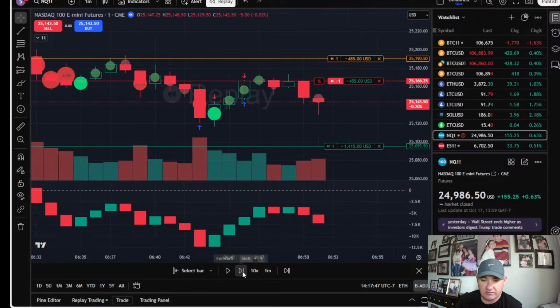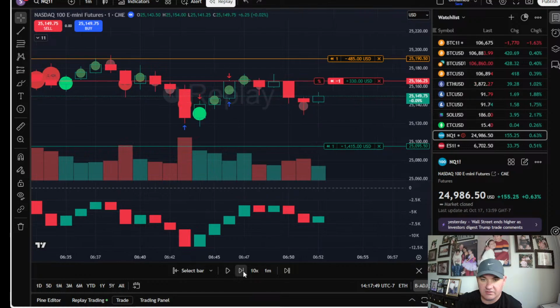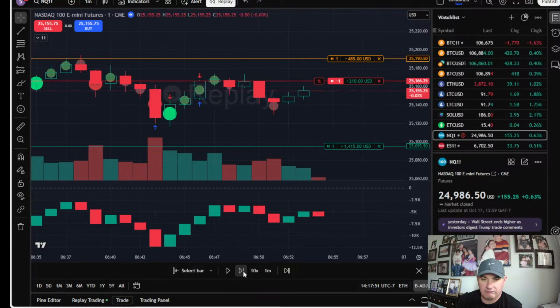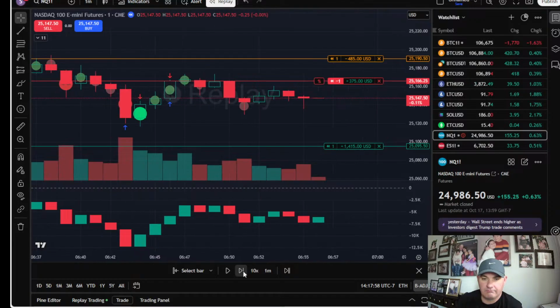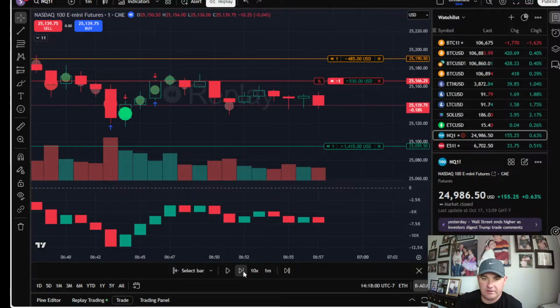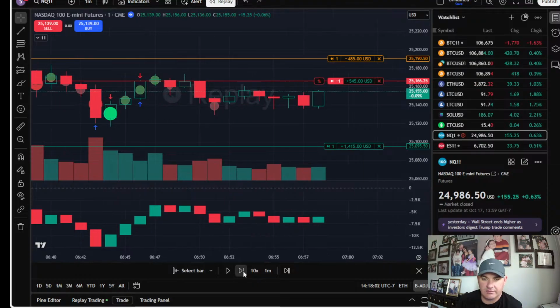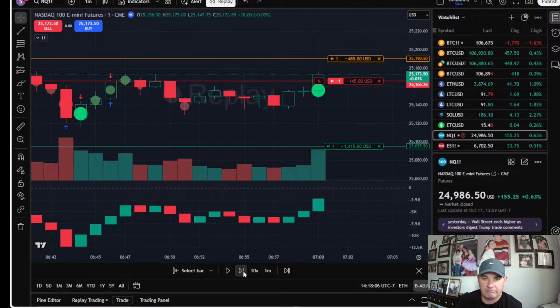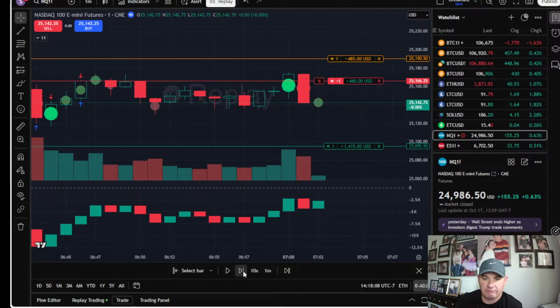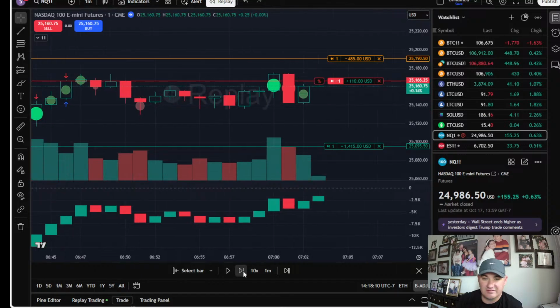The short's looking good. See if it gets its target. Delta's not confirming. Delta's still not confirming.